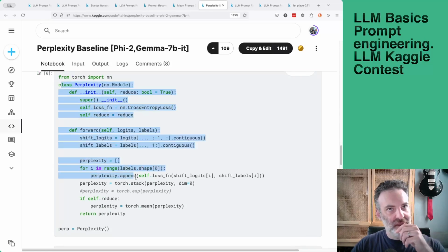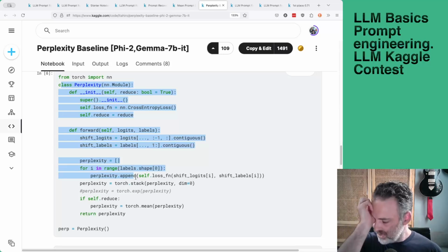The competition metric was a little bit fidgety for folks. So you see people using something called perplexity a lot. Don't worry.